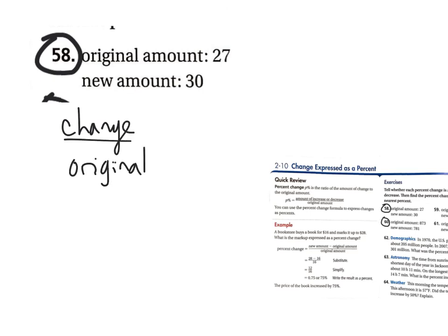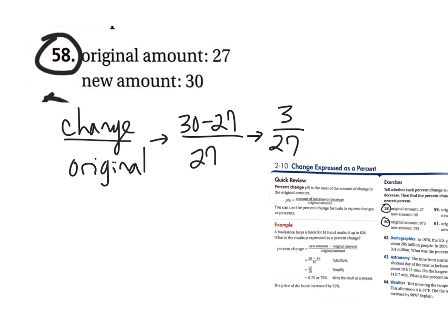How much did it change compared to what it was? So for the change, we can subtract, just take the bigger number minus the smaller number. And the original number was 27. So 30 minus 27 is 3. And 3 divided by 27.